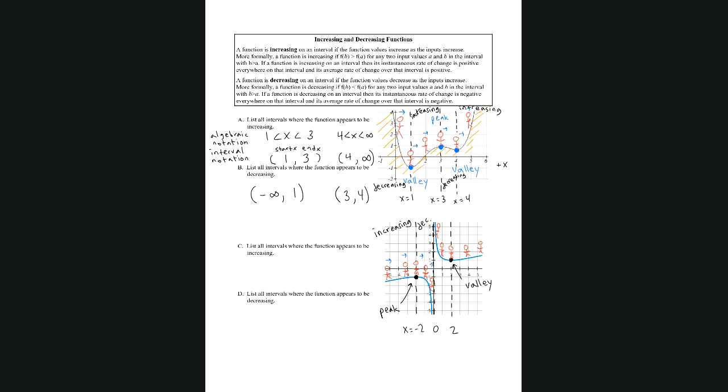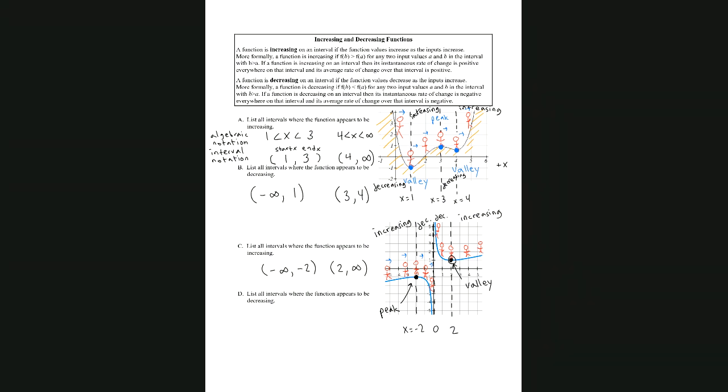I see here that our guy decreases to get to the valley. And then it's going to be increasing after that. The intervals would be from infinity to -2 for increase, and also from 2 to infinity.